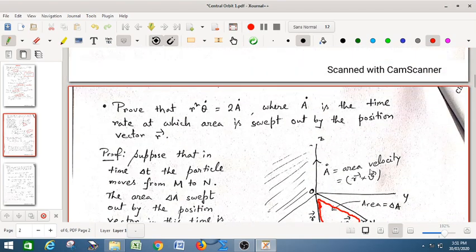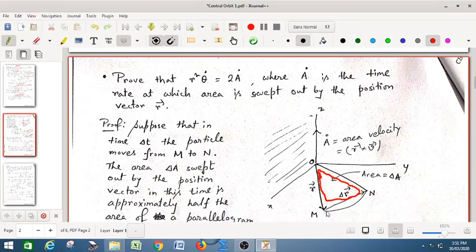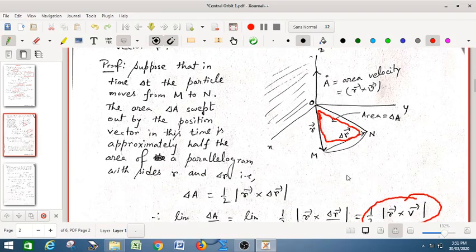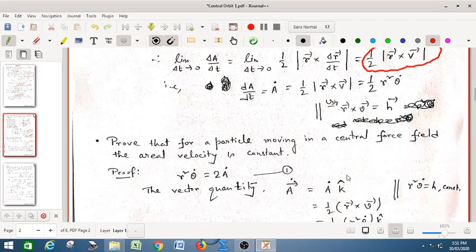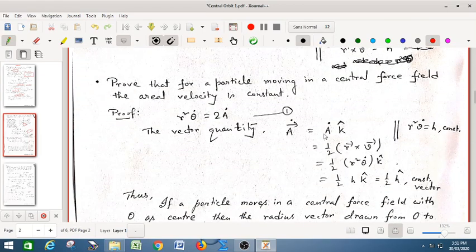So this is your areal velocity direction. We know that the cross product is perpendicular to both vectors, r cross v. So this is the direction of that vector A dot, the k vector in that direction. So we can write the A dot vector as A dot k cap.